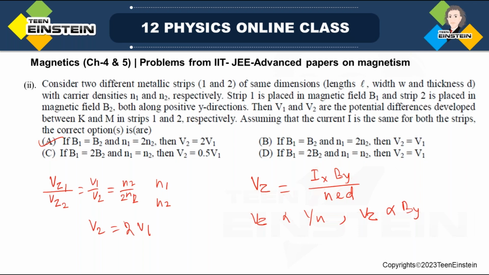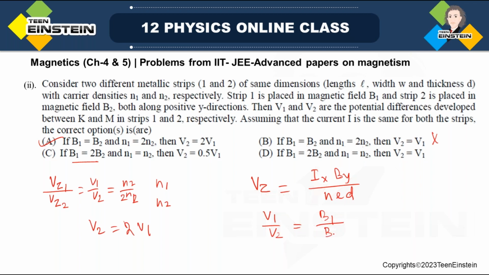Now we have another option. When B1 is equal to B2 and N1 is equal to 2N2, then it is not correct. Now we'll see with magnetic field. When B1 is equal to 2B2, V1 by V2 is B1 by B2, with the other parameters the same.